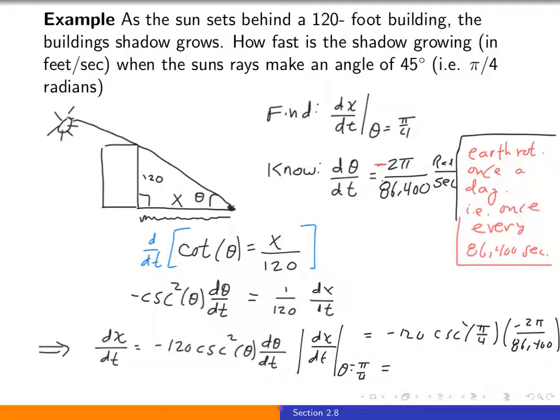Cosecant of pi over 4 is square root 2, so this quantity is square root 2 squared.